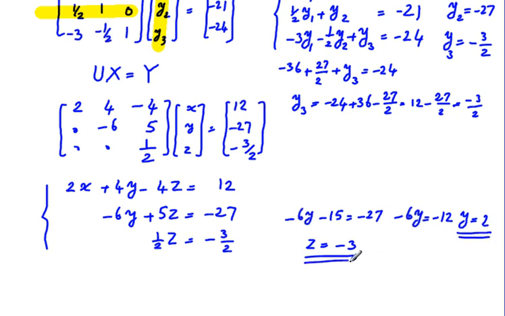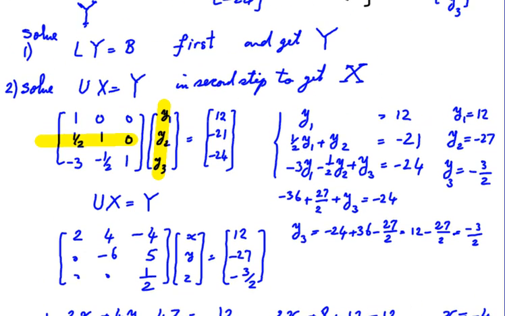Make sure we are on the right track. And finally, we have here 2x. I have 4y, that is just an 8, minus 4z. z was minus 3, so that's plus 12, is equal to 12. So what does that give me for x? So 12 and 12 cancel, I get negative 4.